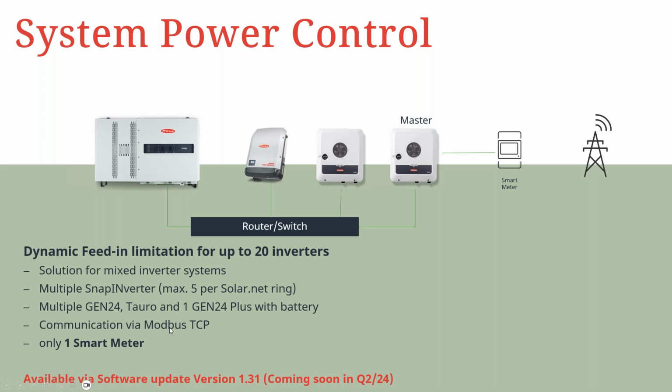The major components of communication here will be just 1 smart meter, and the communication channel is via Modbus TCP. Like I said earlier, this will come with the latest software update, version 1.31, which will be rolled out in a couple of weeks' time.